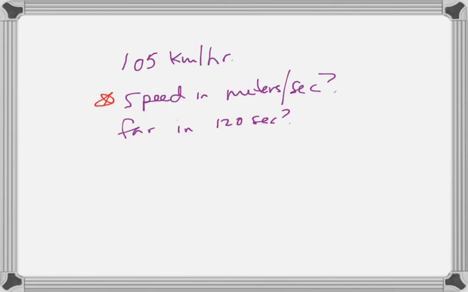So the first place to start: equals meters per second. Next part, 105 kilometers per hour. Compare across. Notice that our units do not match in both circumstances, both in the numerator and the denominator.